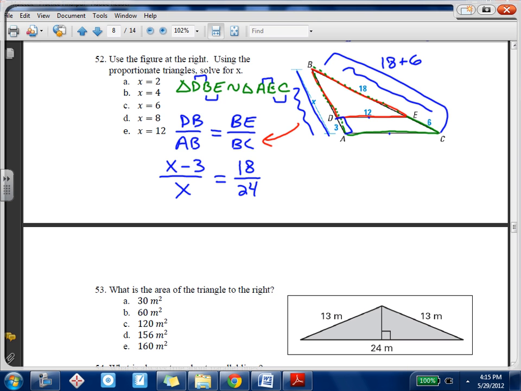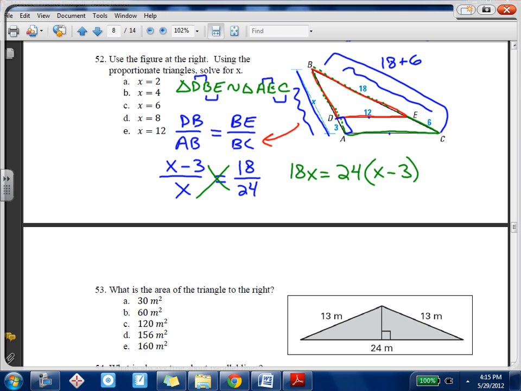From here, whenever you have fractions and there's the equal sign in between, you need to cross multiply. So we cross multiply right here, we get 18x equals 24 times parentheses, x minus 3. Remember to keep them in their grouping, so if it's more than one term, remember to keep the parentheses.